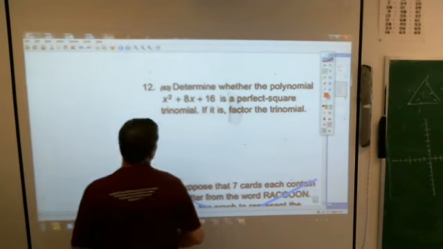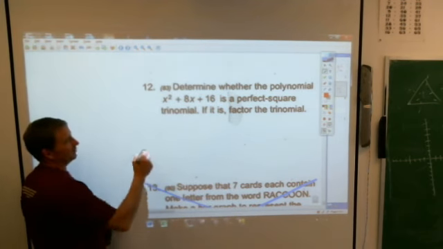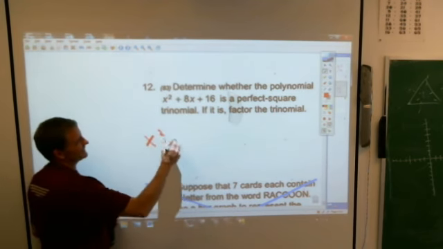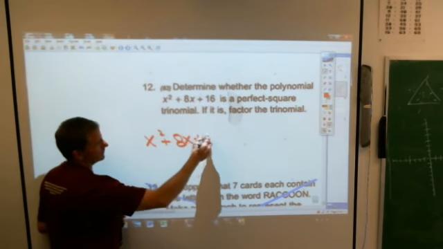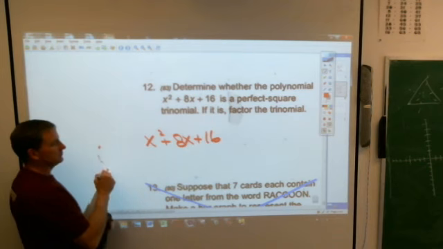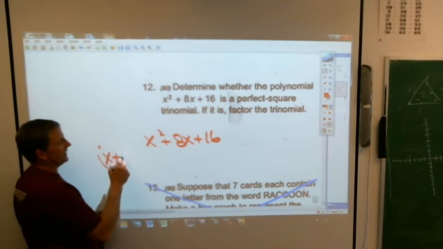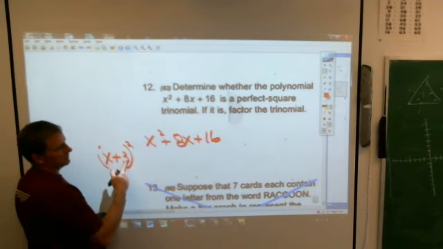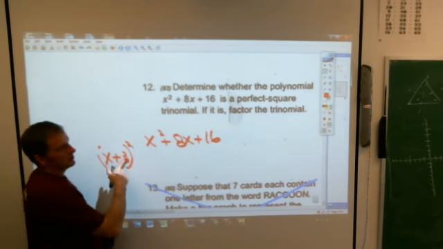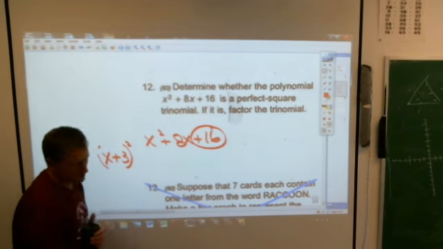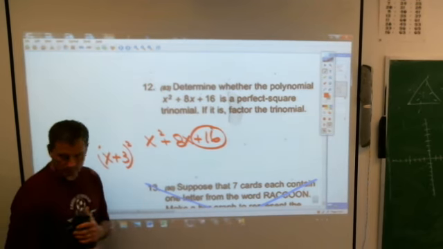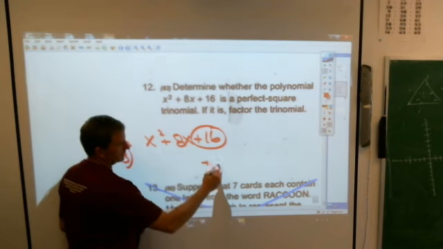Yeah, and the only thing, you just have to remember what a perfect square trinomial is. A perfect square trinomial would have to be a trinomial either with pluses or minuses times itself. In order for that to happen, this would have to be a perfect square. Is there some number times itself that gives you 16? Positive 4, correct?